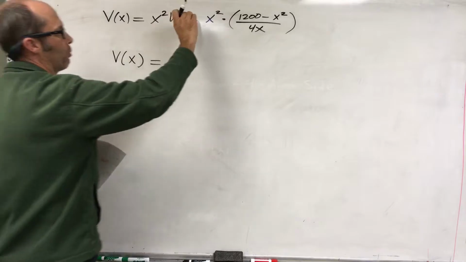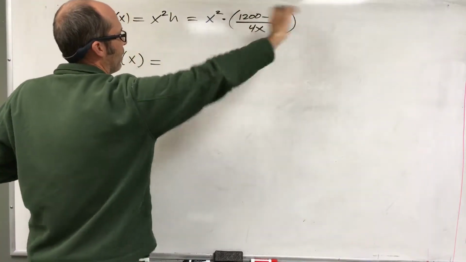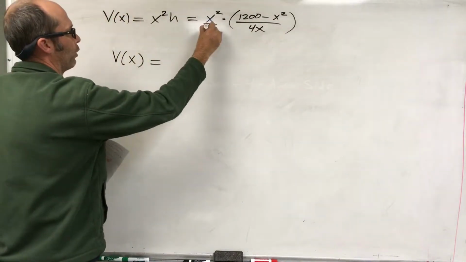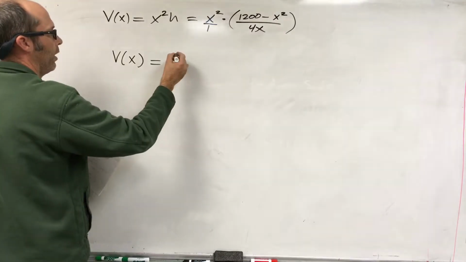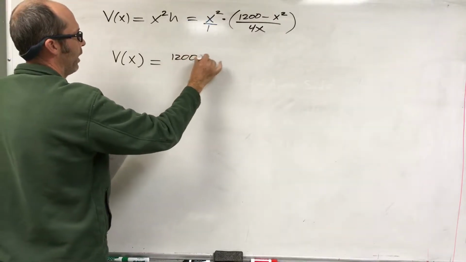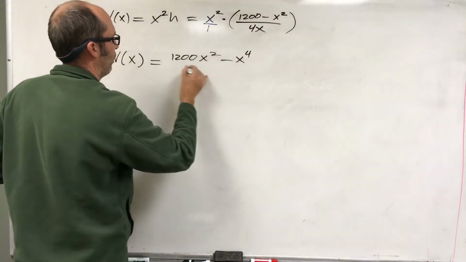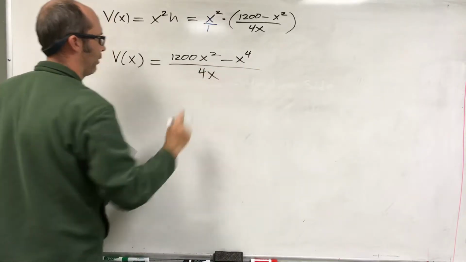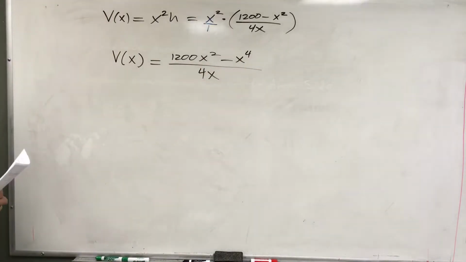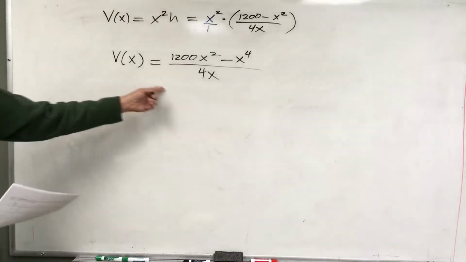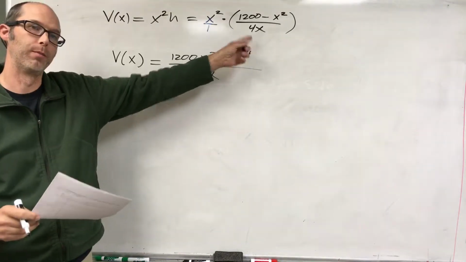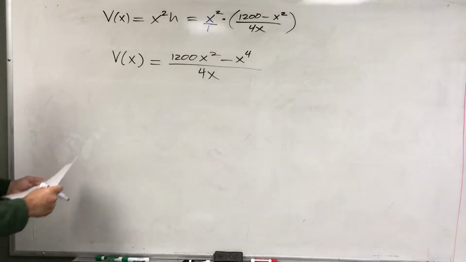So let's push the x squared into the top. Multiplying these together, we get 1200 x squared minus x to the 4th over 4x. That's just another way of saying the volume. Much easier to take the derivative now.